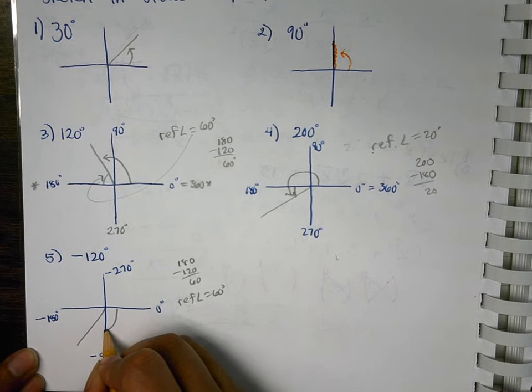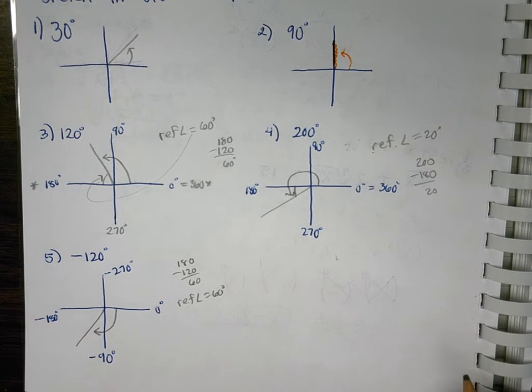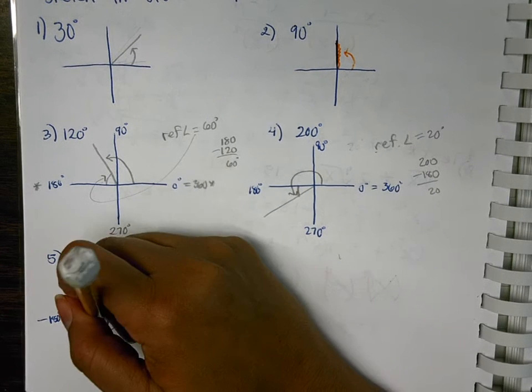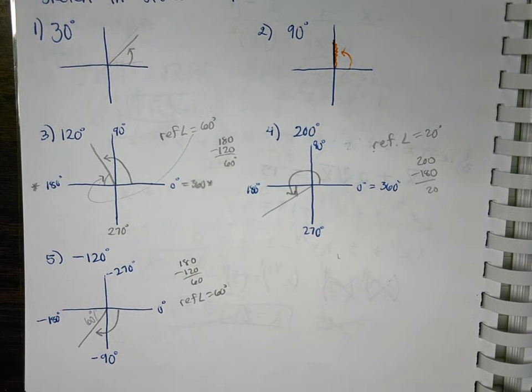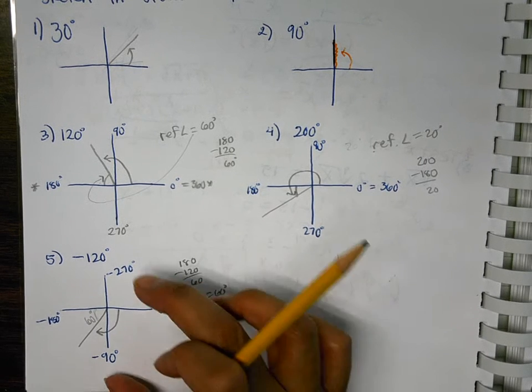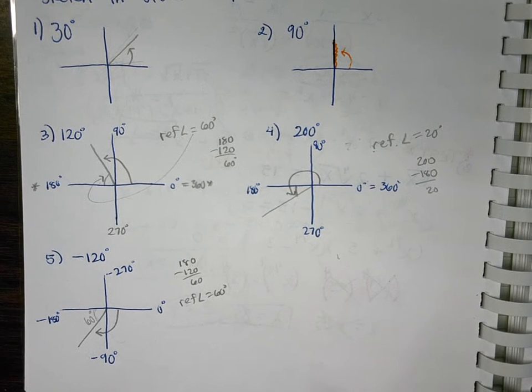And you put your arrow going like that. And again, this reference angle in here is 60. Just remember, your reference angle is always to your x-axis, never your y. You will never use your 90 or 270 to figure out your reference angle.